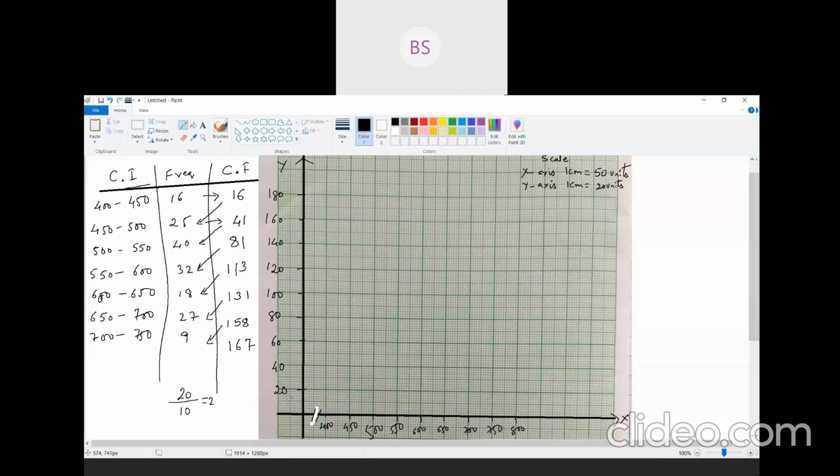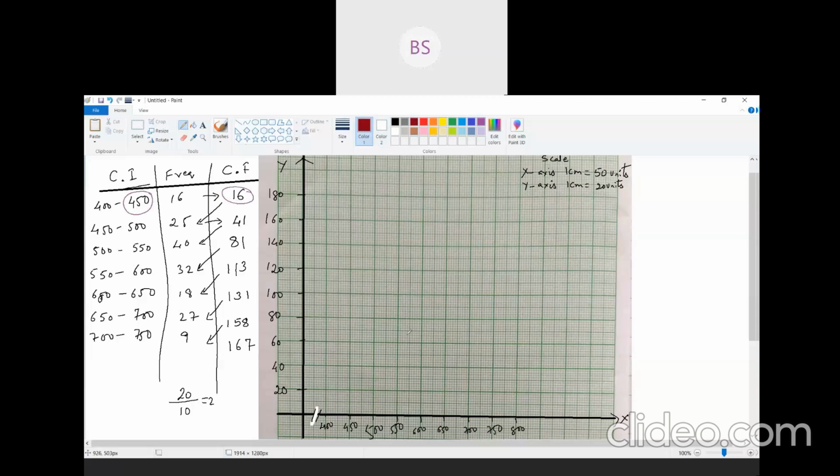Now to graph, what we have to do is we have to always take the upper limit of the class interval and the cumulative frequency. Okay. So this upper limit and the cumulative frequency has to be marked. So as we can see here, 450 on the x-axis and 16 on the y-axis you have to mark.